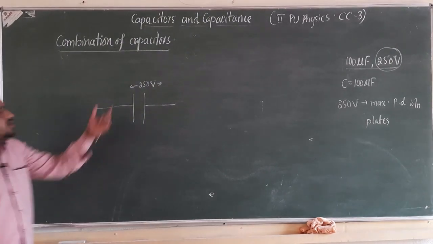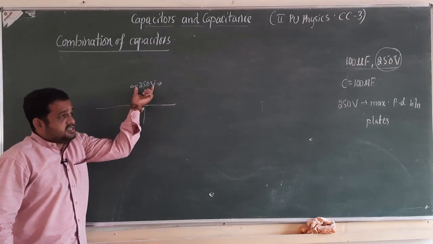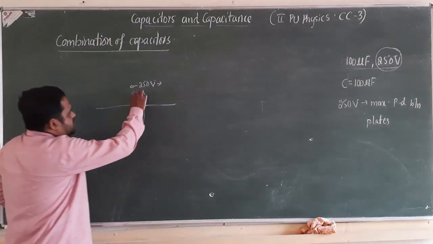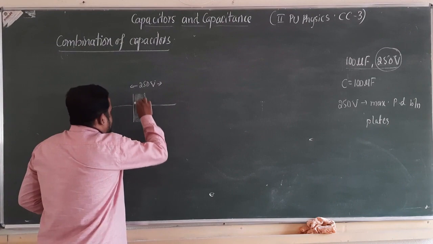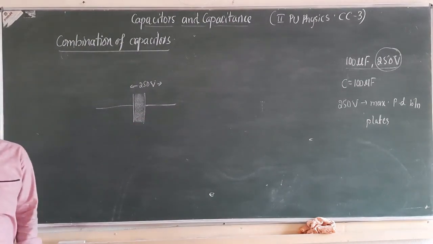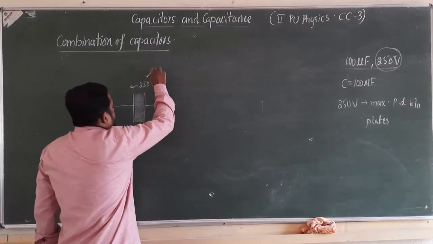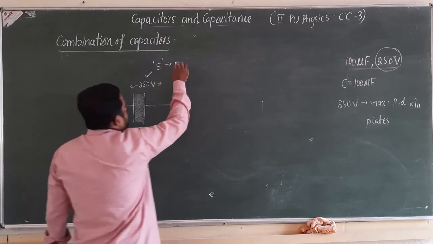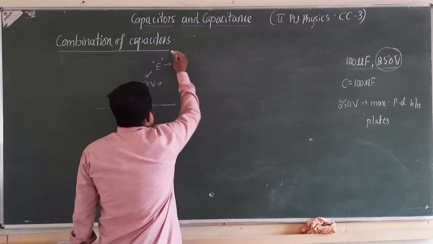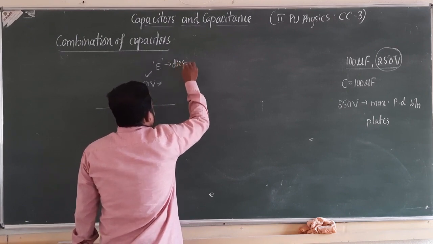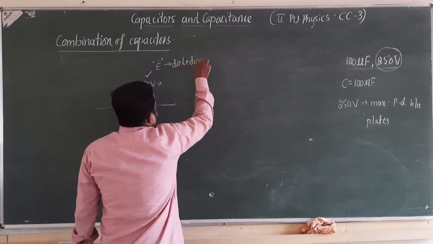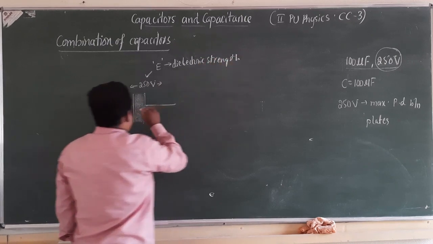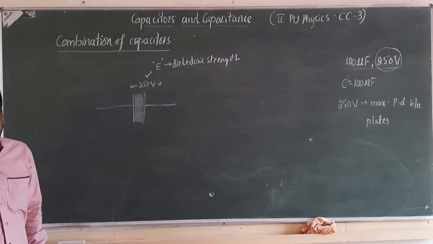Beyond 250 volt, if you increase the potential difference between the plates of the capacitor, we know that there is a dielectric medium between the plates. At this point, the electric field between the plates becomes maximum, equal to the dielectric strength of the dielectric medium used in that particular capacitor.